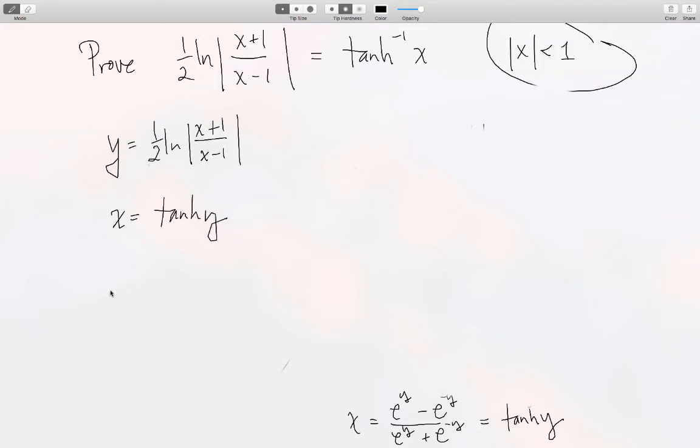And so then I could say, by isolating y, I'll take an inverse tan hyperbolic of both sides. So tan hyperbolic inverse of x is y.